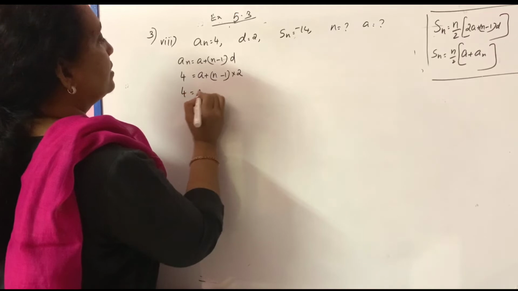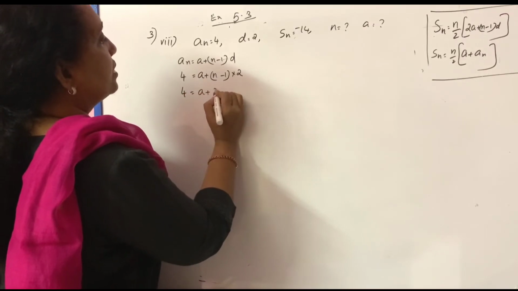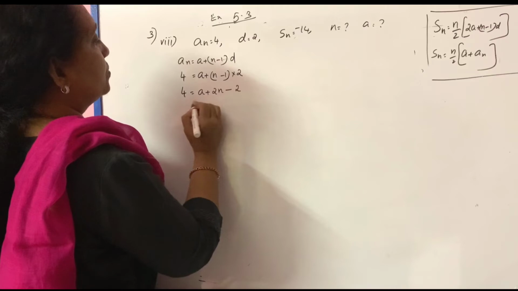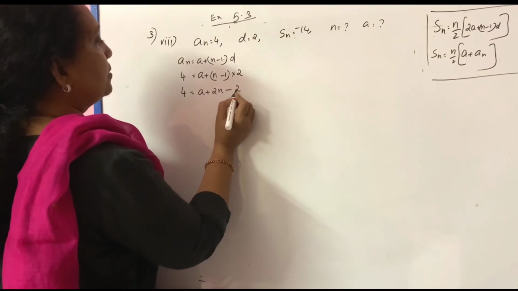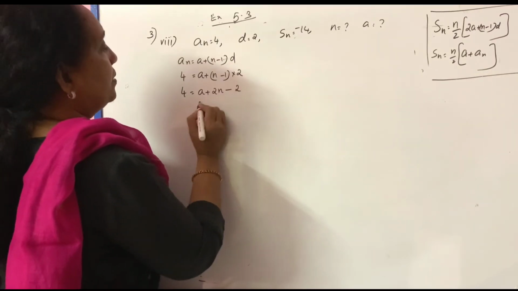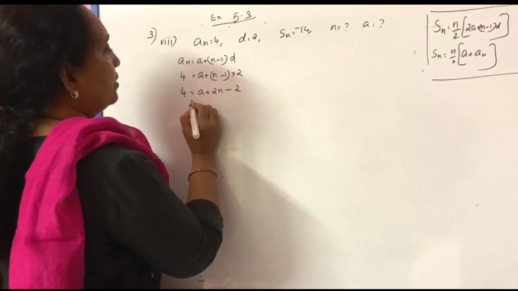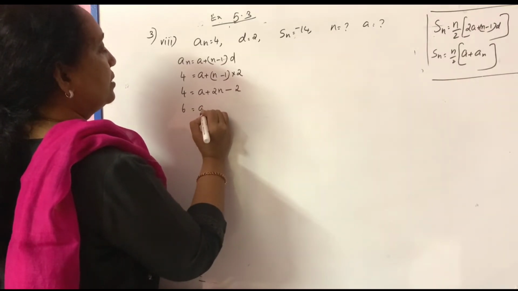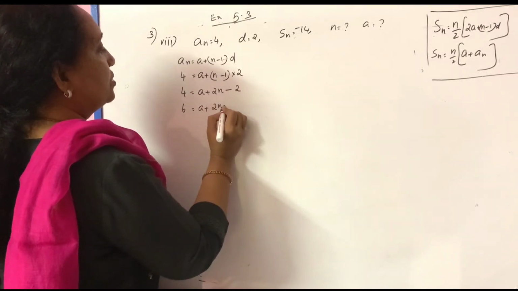So 4 is equal to a plus 2 into n minus 2. That is equal to, coming here, 6 is equal to a plus 2n.